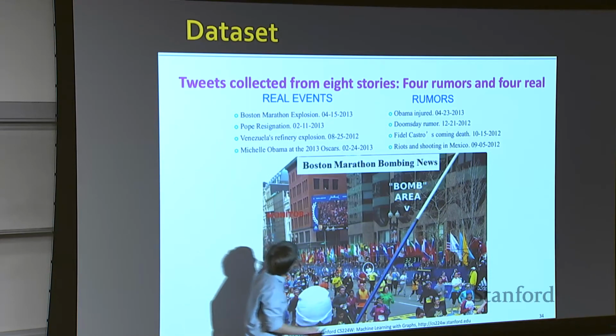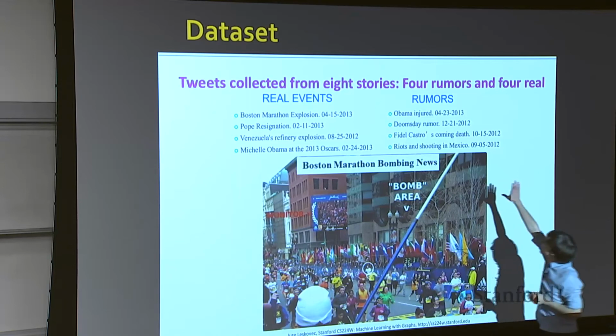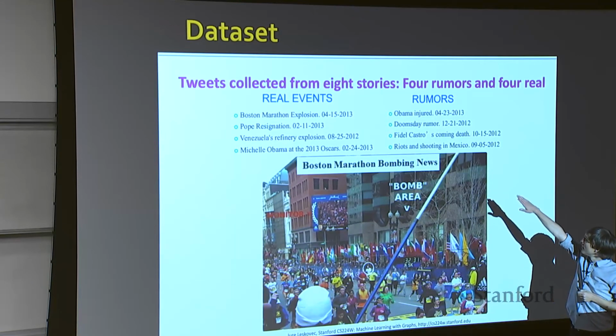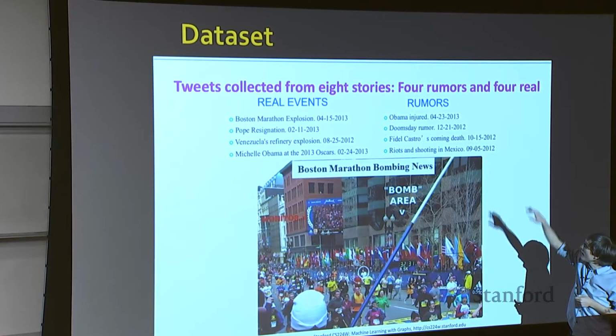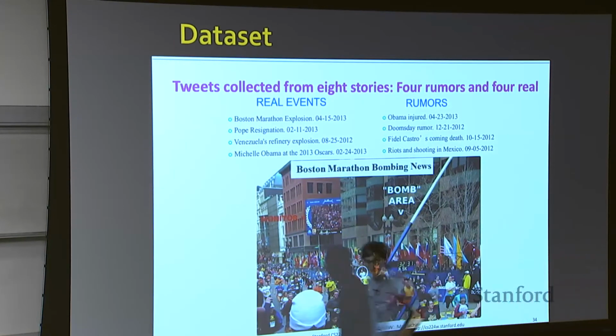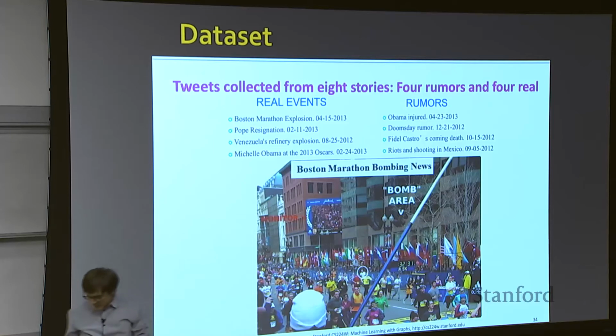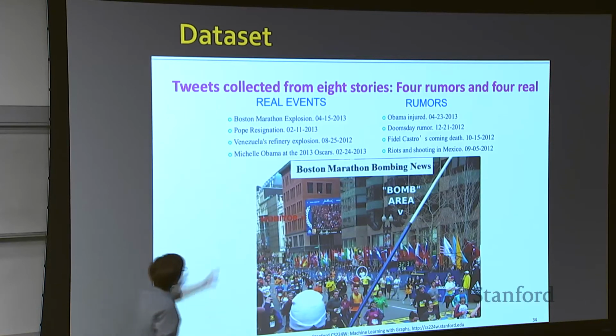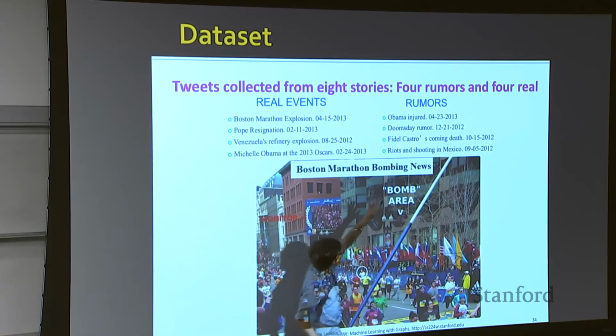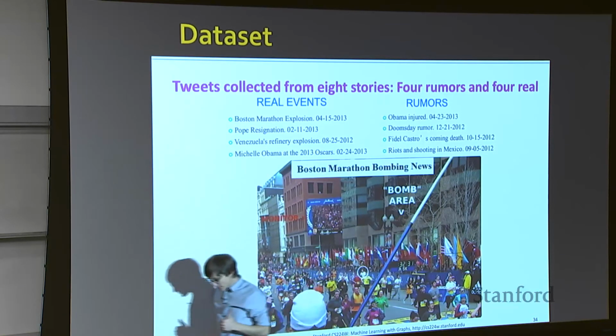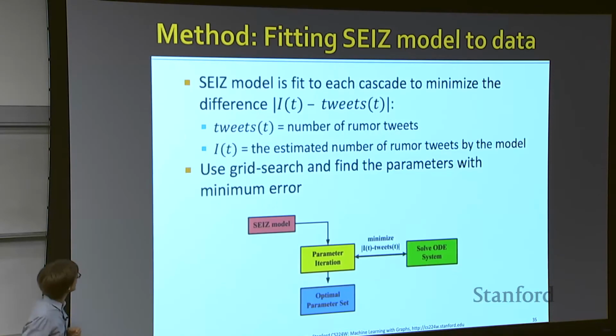These are real events. Here are rumors or fake news: Fidel Castro, some shooting in Mexico, doomsday, and Obama getting some injury. And they were trying to collect data about retweets of these 8 different stories, and then estimate the parameters of the model.